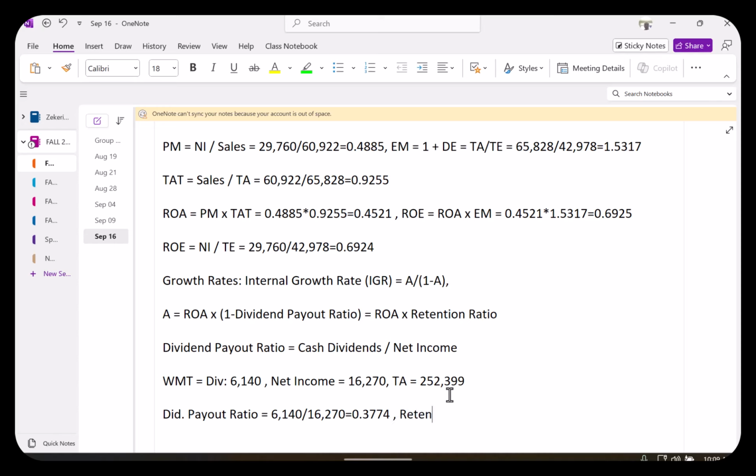Our retention ratio is 1 minus that, 0.6226.